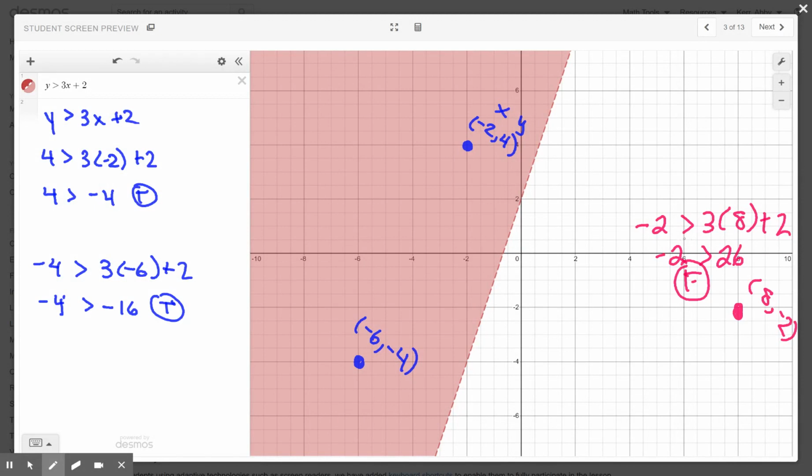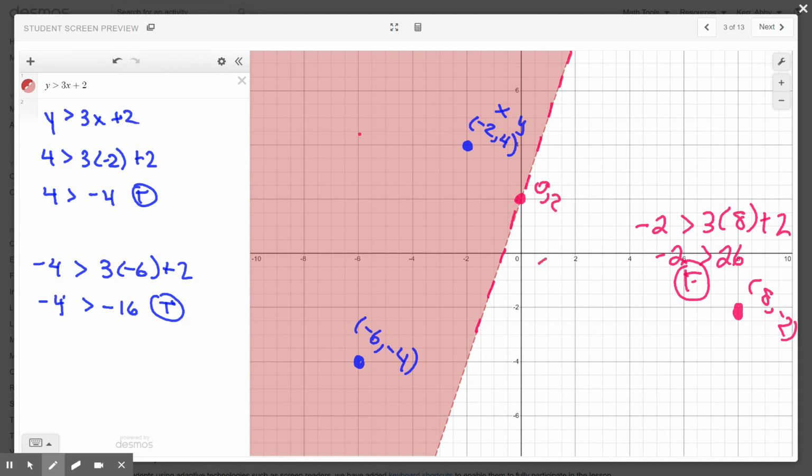Normally we would have you check these ordered pairs, but honestly, we're just going to use Desmos. Now, previously, I talked about the dotted line. The dotted line is like an open circle. If you picked this ordered pair on this dotted line, you're going to get a false statement because it's not included. So this is 0, 2.